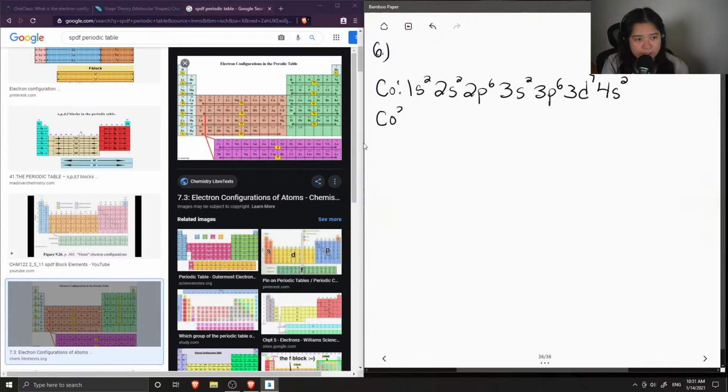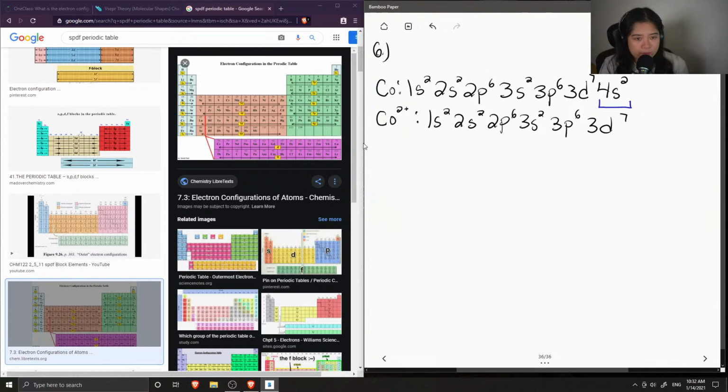If we were to write the Cobalt 2 Plus Ion, that means 2 of the electrons are removed. So we remove the 2 electrons that are in our s orbital. So now its electron configuration is 1s2, 2s2, 2p6, 3s2, 3p6, and then 3d7.